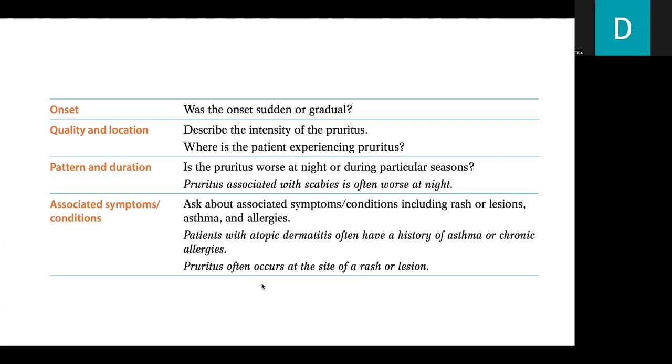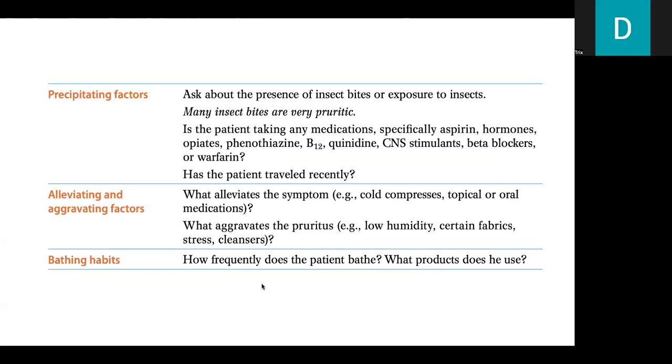Associated symptoms or conditions. We ask about associated symptoms or conditions, including rash or lesions, asthma, and allergies. Patients with atopic dermatitis often have a history of asthma or chronic allergies. Pruritus often occurs at the site of a rash or lesion. Precipitating factors: ask about the presence of insect bites or exposure to insects.